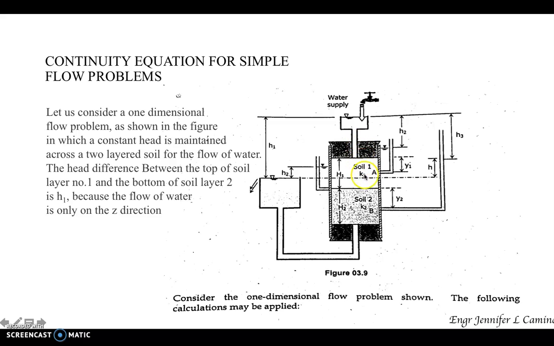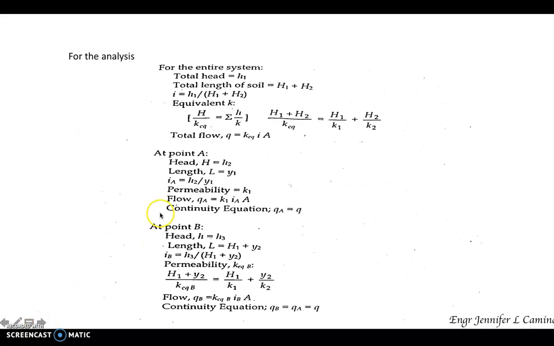So the hydraulic conductivity at point A is the hydraulic conductivity of soil 1, K sub 1, which means the water will pass only through soil 1 as it moves out at point A.